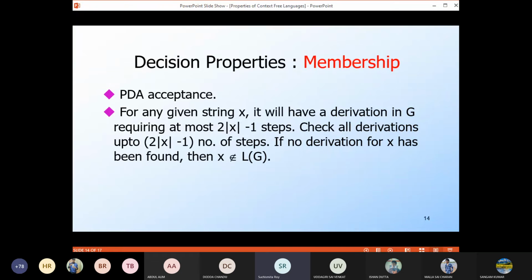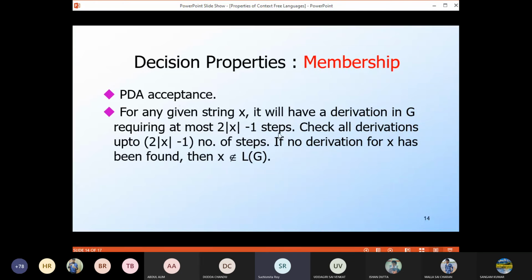Can we take a decision? PDA acceptance is a finite-state process. In a finite number of steps, you can check whether or not a string is accepted by a PDA. So PDA acceptance gives you a membership checking algorithm. For any given string x, there will be a derivation in G requiring at most 2 times the length of the string minus 1 steps.